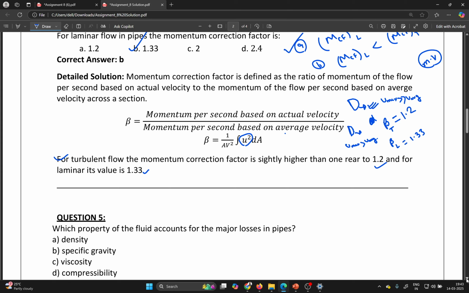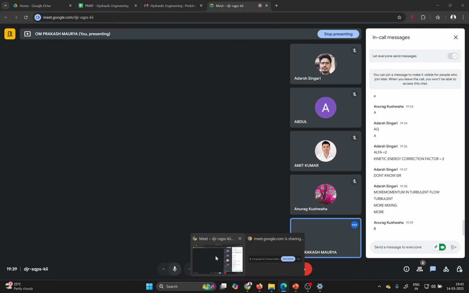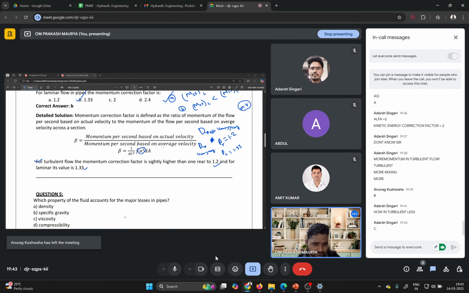The next question is, which property of the fluid accounts for the major loss in pipe? Density, specific gravity, viscosity, compressibility. Which option will be correct? So hope you got it, how in turbulent it will be less.